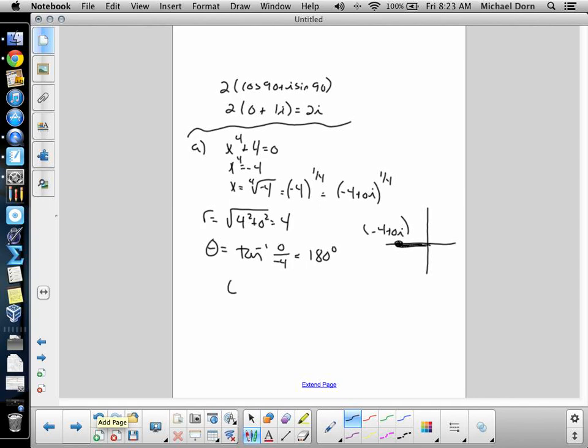So in polar form, this is 4 times cos 180 plus i sine 180, to the 1/4 power.